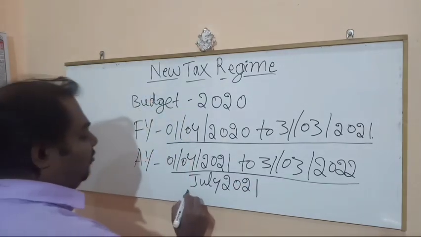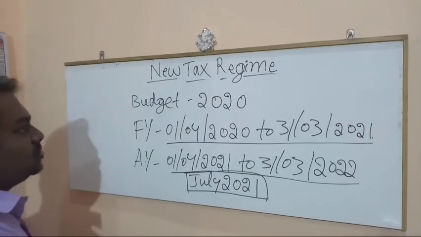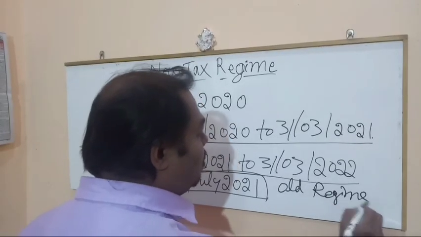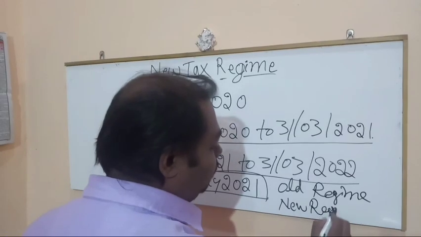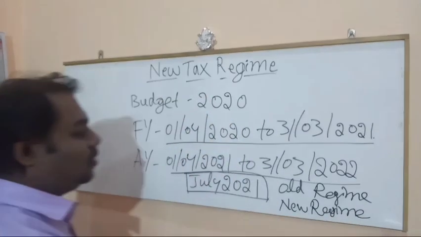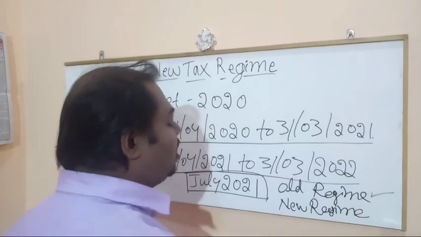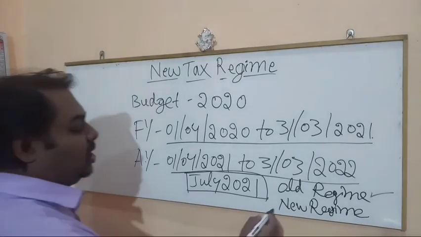So, while filing the ITR return for that period, we would have to choose either the old regime or the new regime. Most of the people would have filed under the old regime itself because they found the old regime was more beneficial than the new regime.